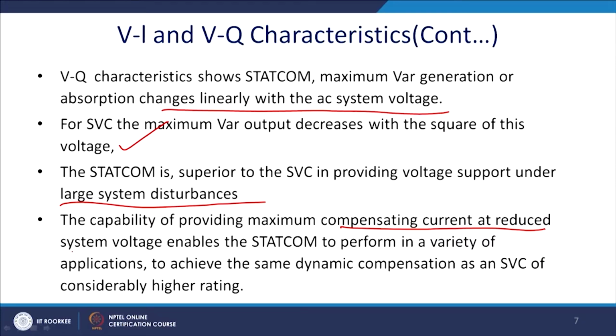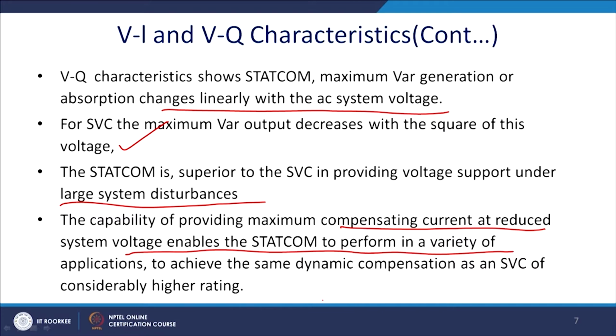If there is a voltage fluctuation of 20%, the SVC will be derated by 40%, but the derating of the STATCOM will be only 20%. The capability of providing maximum compensation current at reduced system voltage enables the STATCOM to perform in a variety of applications. To achieve the same dynamic compensation as an SVC, we thus require a higher power rating.